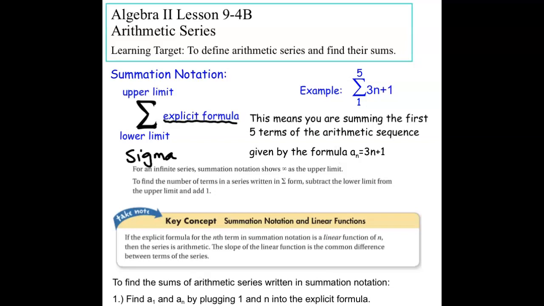That tells us how many numbers we're actually adding together. So in our example over here, we have from n equals 1 up to 5. They're telling us we're starting with the first number and going to the fifth number in our sequence. And we want to add those up. And then this 3n plus 1 is giving us the formula that would generate the numbers in that sequence.